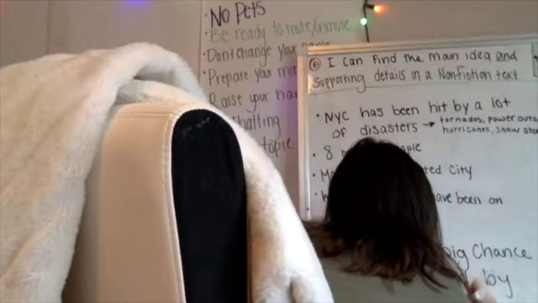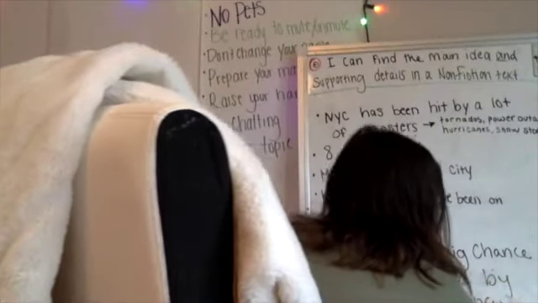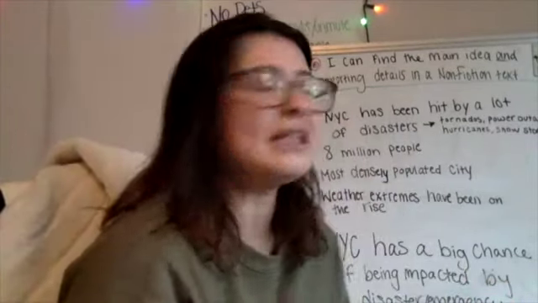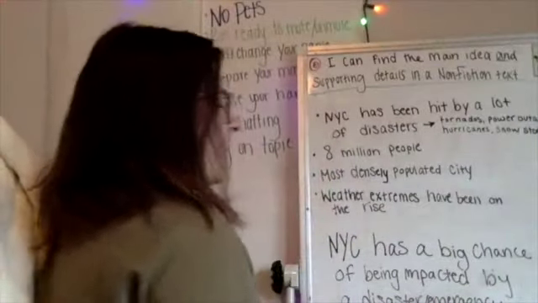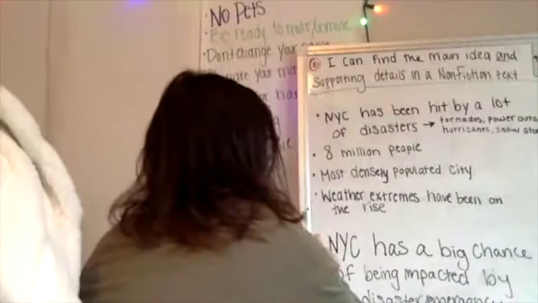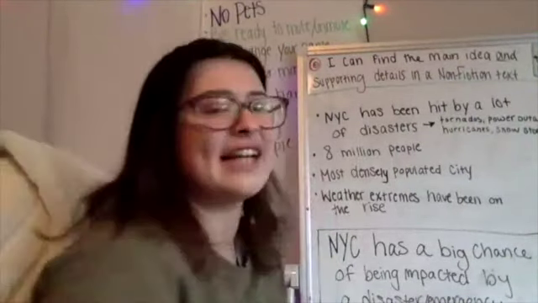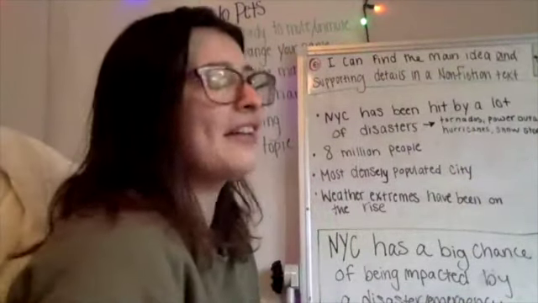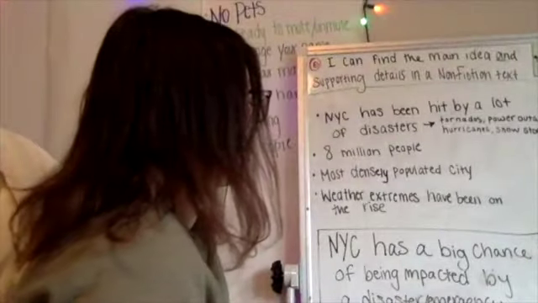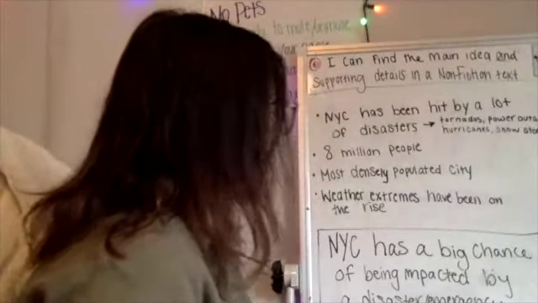And so the video wants us, or New York residents, to be careful because of all of these details they add together to say, hey, this city, because of all of its people and all the natural disasters that have impacted us in the past, this city has a big chance of being impacted by a disaster emergency again.